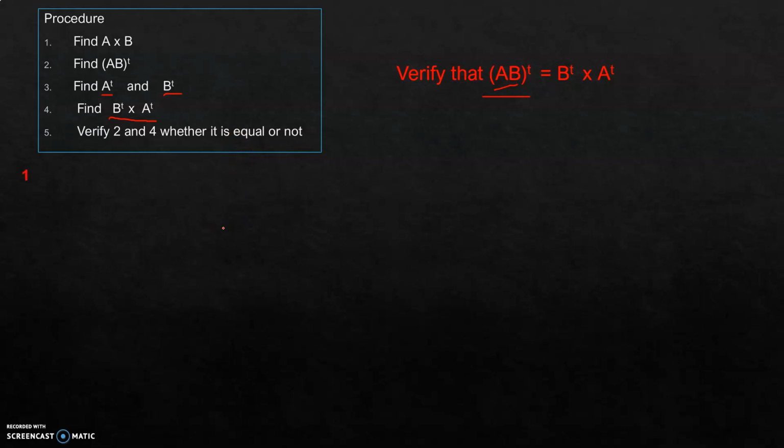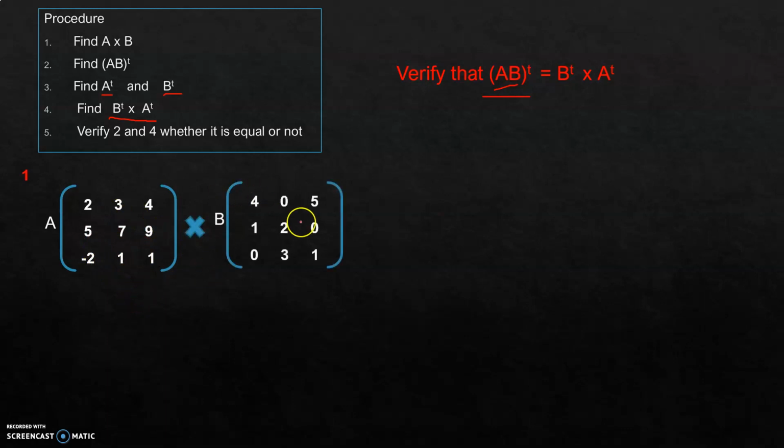The first step is to find A into B. Here, as per the question, A is [2, 3, 4; 5, 7, 9; -2, 1, 1] and B is [4, 0, 5; 1, 2, 0; 0, 3, 1]. In multiplication, we know we need to multiply each row with all the columns of the second matrix.